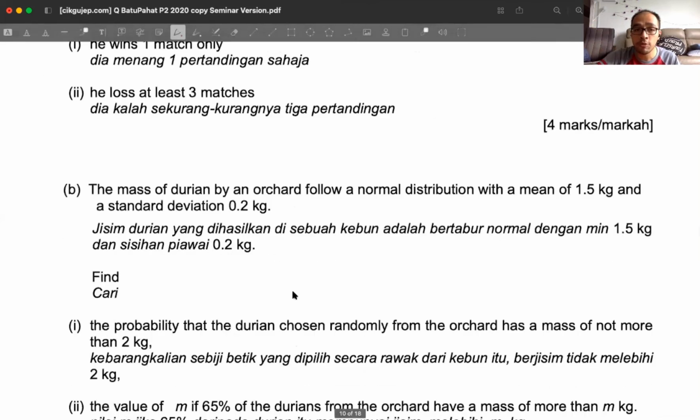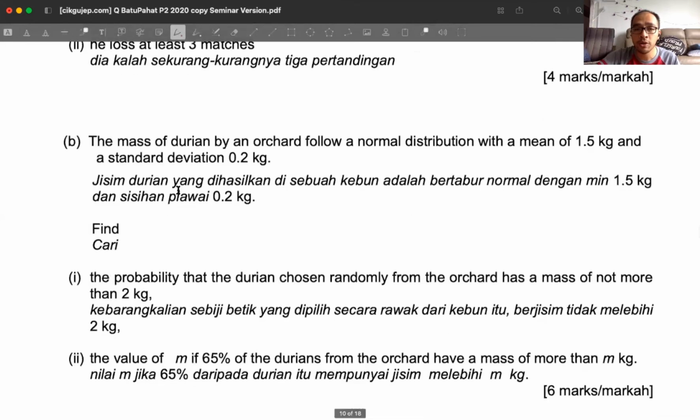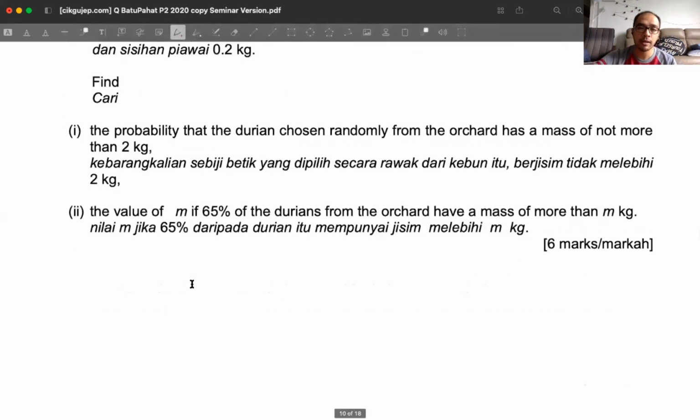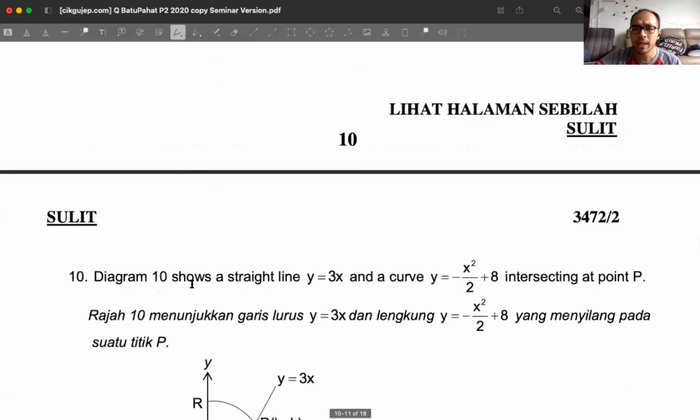Then the normal distribution, the mass of a durian: they give you the mean, they give you the standard deviation, and then one works from left to right, the other one works from right to left. If you don't know what left to right, right to left is, you have to ask me another time. But for the students that I teach, I hope you understand what I mean. So nothing special about this.